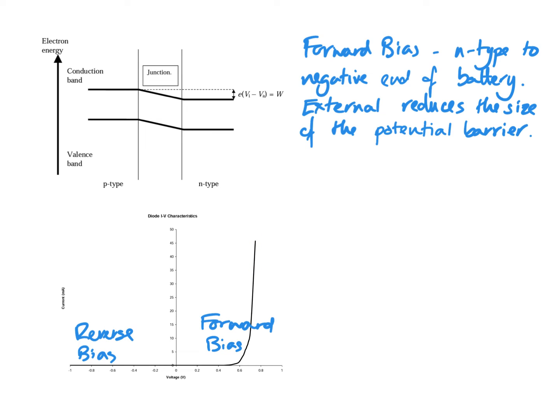And that's why we always have diodes with protective resistors, because once you're in forward bias above that, you'd basically be working like a short circuit. So it's not very good for the circuit involved. So the external voltage reduces the size of the potential barrier.